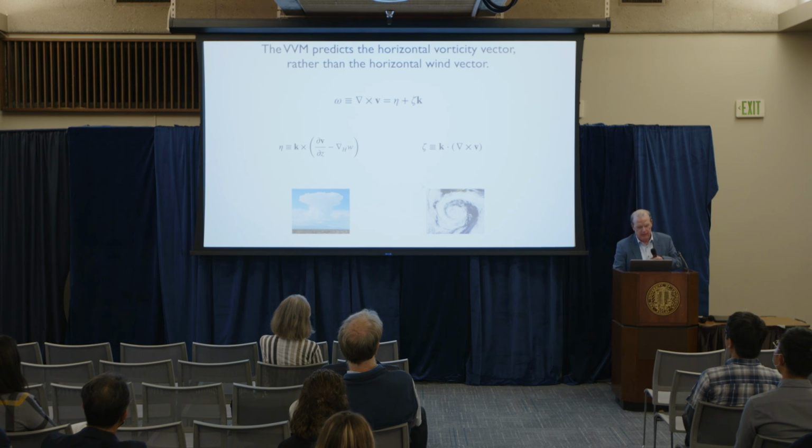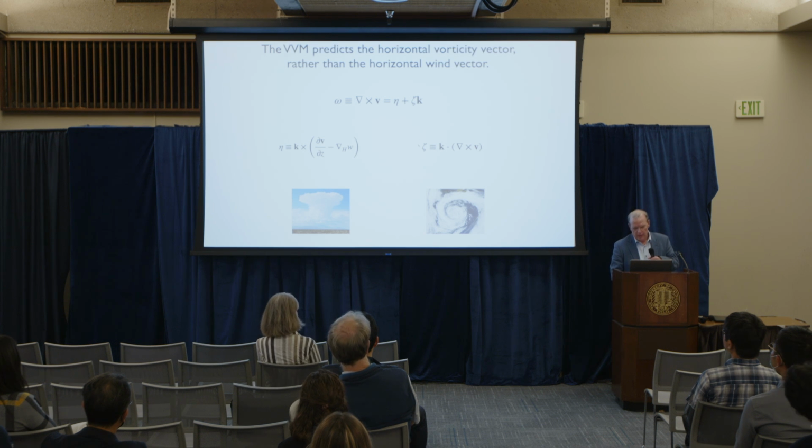Just to lay it out, if this is the three-dimensional vorticity vector here, that should actually be a capital V, but anyway, this is the horizontal vorticity vector, calling it eta, and this is the vertical component of the vorticity multiplying the unit vector pointing up. So here's what eta looks like. It involves the vertical shear of the horizontal wind, and it involves the horizontal gradient of the vertical motion. And that's important, the horizontal gradient of the vertical motion.